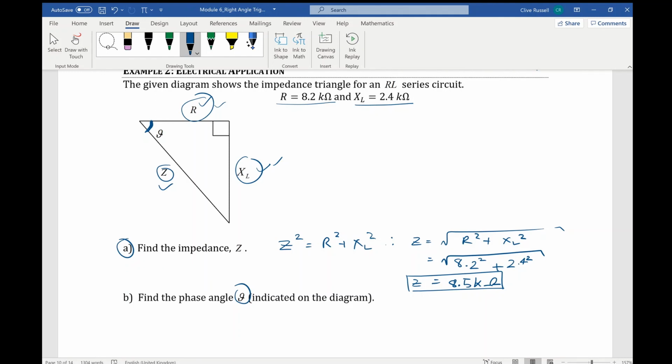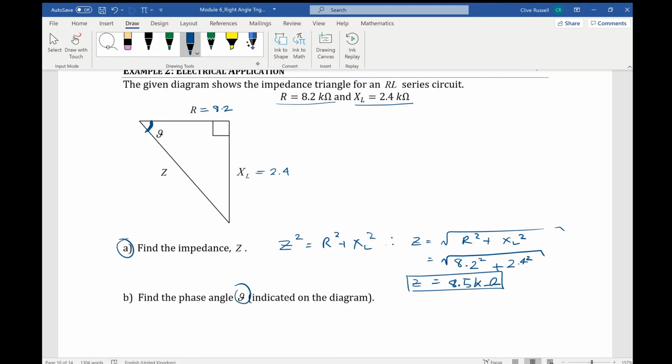Let me just clean this up a little bit and then we will see how to do it. So we know that R is 8.2 kilo ohms, the XL is 2.4 kilo ohms, and we want to find the angle I. So we're going to have to do our labeling, opposite, hypotenuse, adjacent.